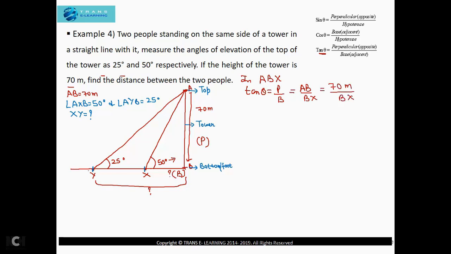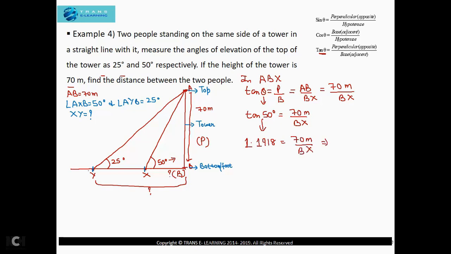So I will now substitute the value of theta, that is tan 50° will be equal to 70 meters upon BX. On finding the values from the natural tangents, the value of tan 50 will be 1.1918, that will be equal to 70 meters upon BX.